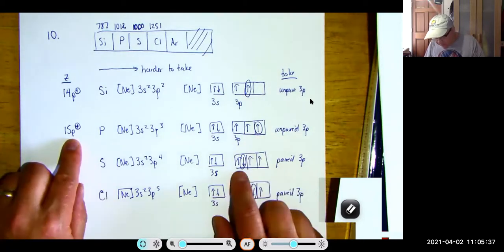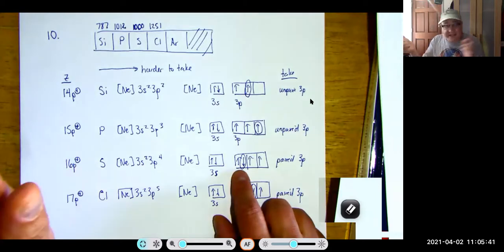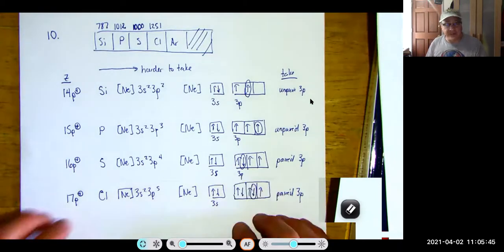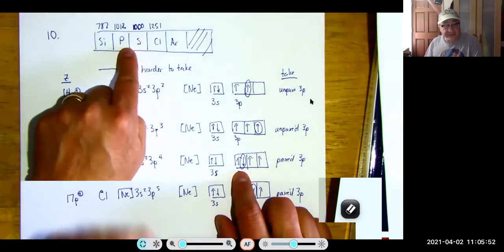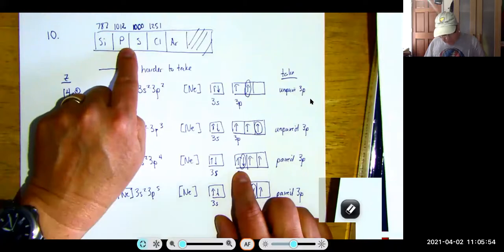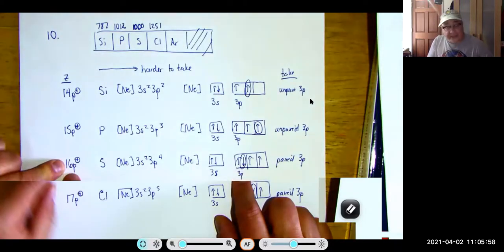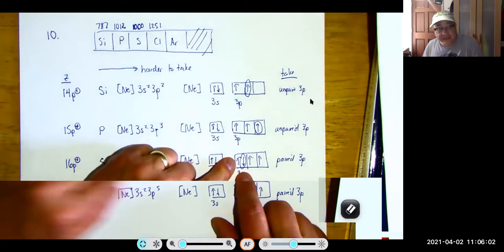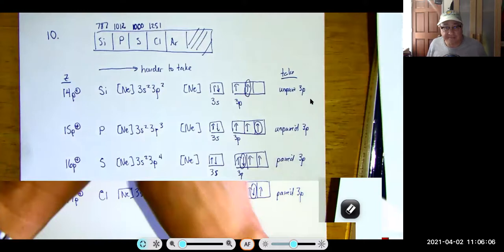These two electrons in this one orbital are fighting with each other. They're trying to kick each other out of the orbital, and that's going to help you to take one of those electrons. It turns out that how much it helps you is about 250 kilojoules. So it takes you about an extra 250 kilojoules to take that next electron because it's 16 protons, but you save about 250 because it's paired. So it's about the same amount of energy.